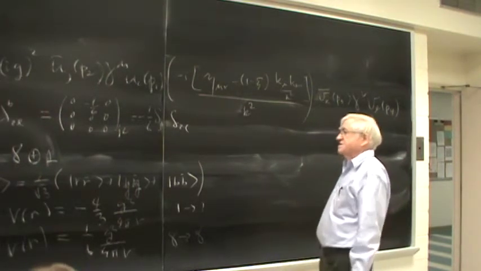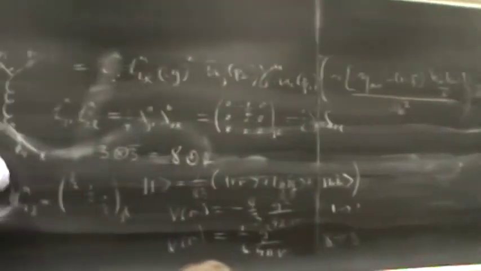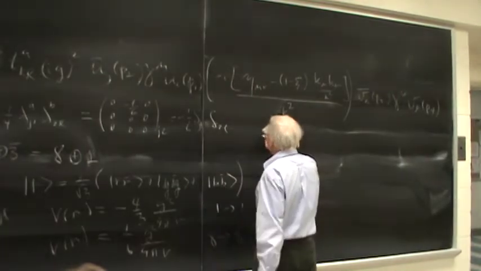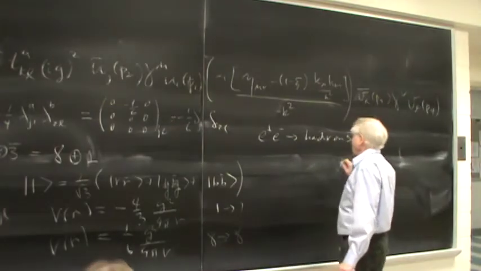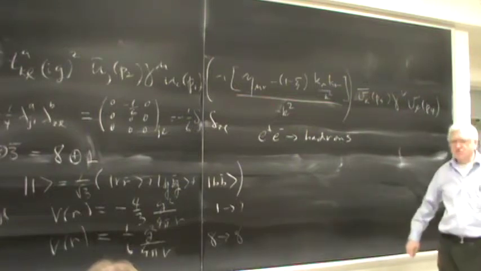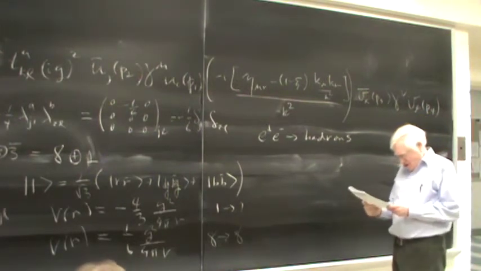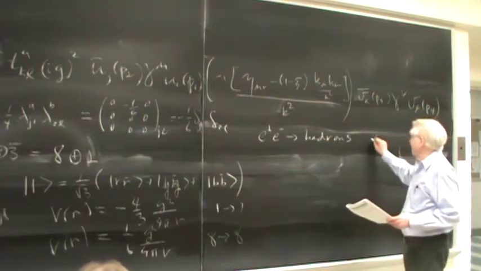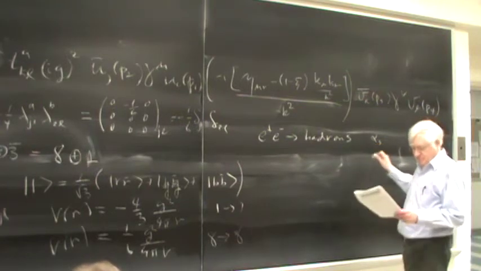Okay, so that's that. The next thing then is to consider something a little more general than that, namely e plus e minus goes to hadrons. Hadron, of course, is a Greek root meaning big, heavy, strong. Think sumo wrestler. We're going to be talking about alpha S. This is g squared over 4 pi for SU3.